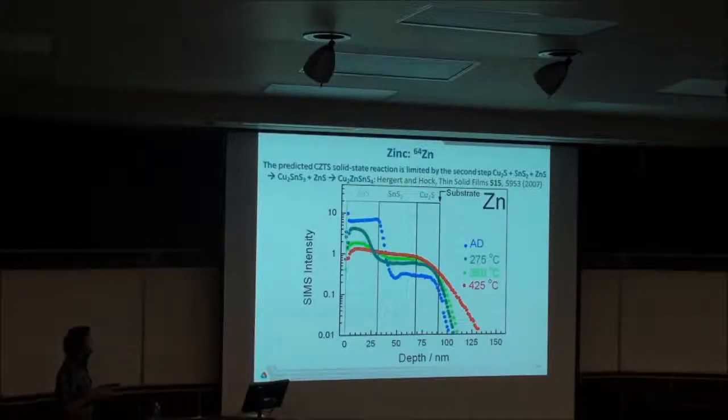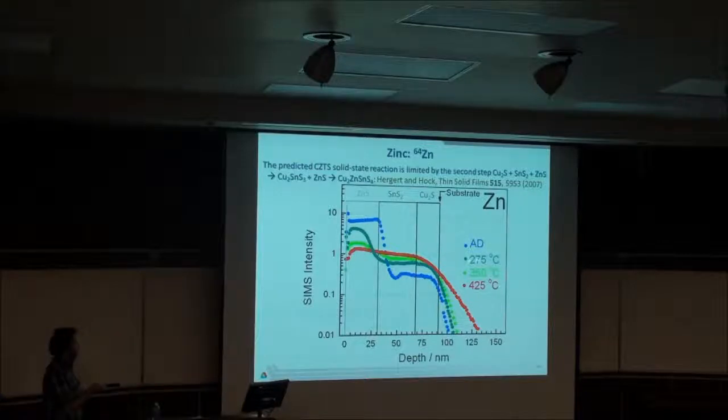But there was only one sharp interface, with the interface position exactly where it was expected. This is the interface between zinc sulfide and tin sulfide, and we see that it's very sharp, abrupt.